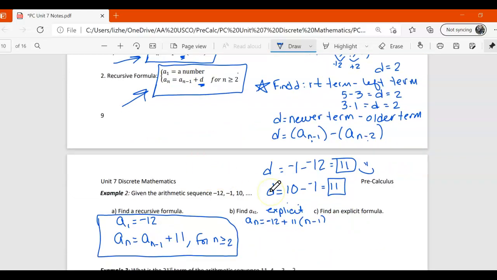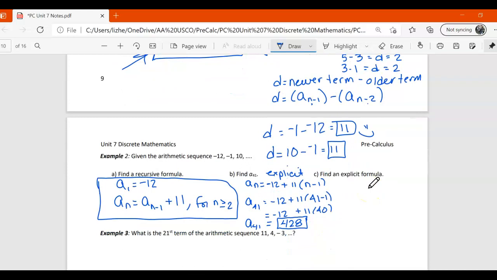So then, if I want to find a_41, I'll say -12 plus 11 times 41 minus 1, which gives me -12 plus 11 times 40, and you will get an answer of 428. a_41 equals 428.